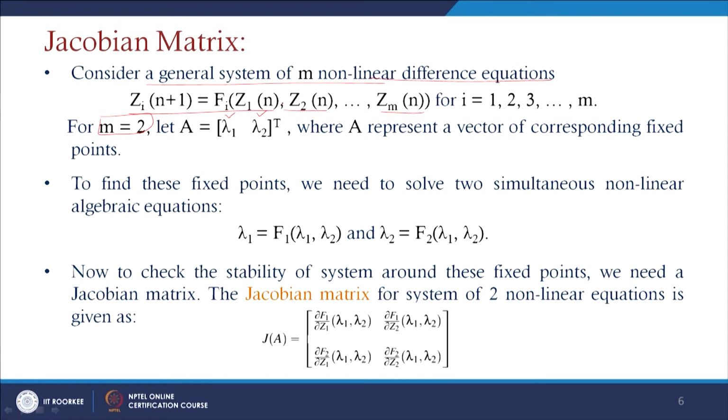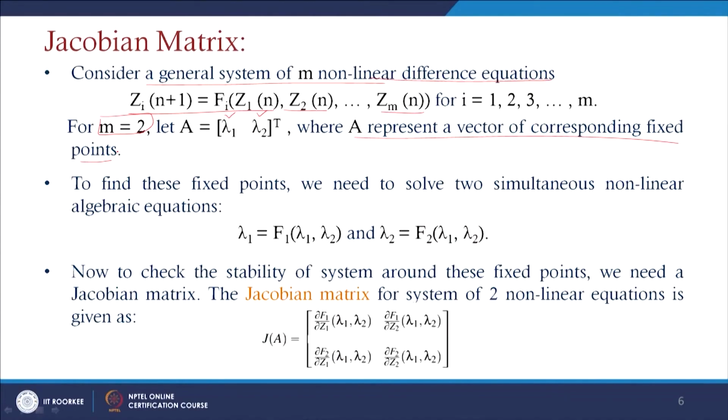Here lambda represents the vector of the corresponding points, and to find these fixed points we need to solve two simultaneous equations at a time. This means we can put lambda 1 equals f1 of z1 n, z2 n, and since these are fixed values, we can put them as lambda 1 and lambda 2.